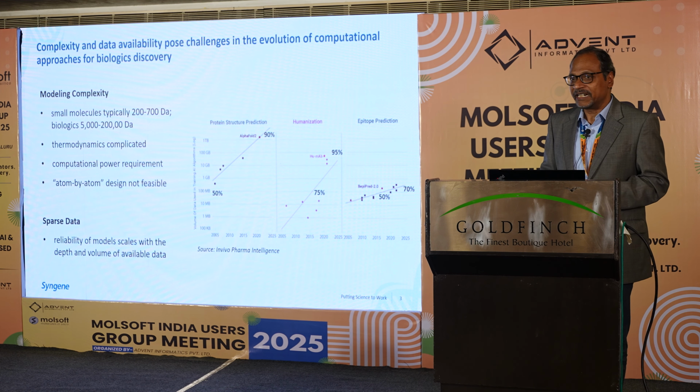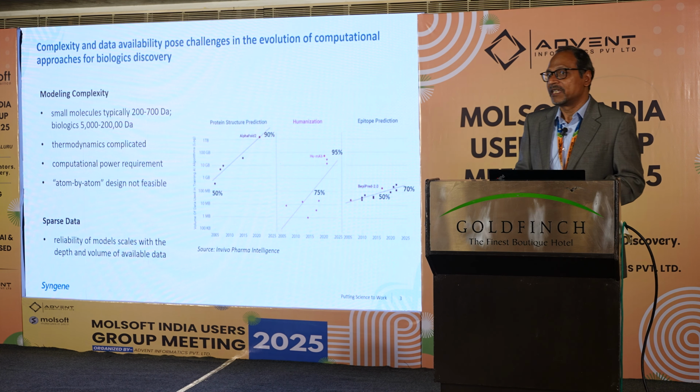And if you look at data, if you look at protein structure prediction, for example, in the early 2000s, we were around halfway there, 50% or so. And today, you claim that you can build models which are more than 90% accurate. But the reason was the amount of data that was available for that.